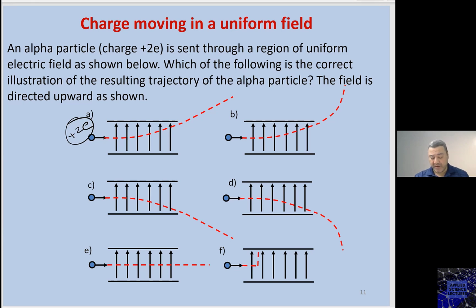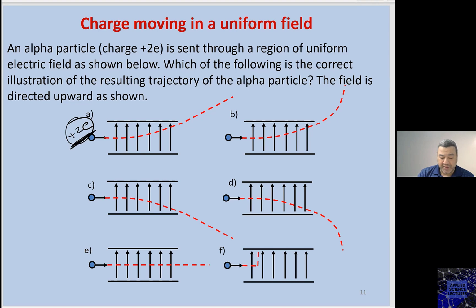So we have the electric field pointing upward, as we can see here, and we have an alpha particle, an ion with a plus 2e charge, coming perpendicular to the electric field. Which one is the correct representation for the resulting trajectory of this particle?